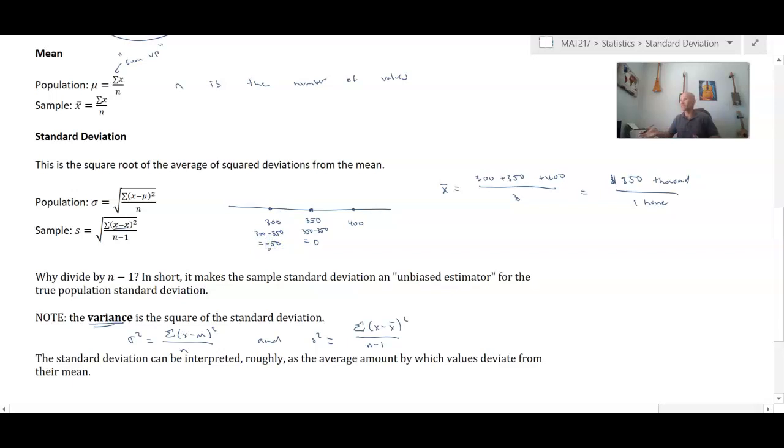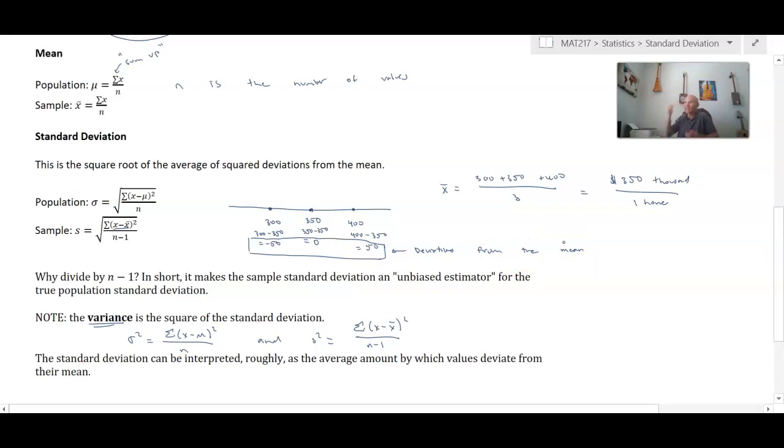Negative 50 because it's $50,000 below the average house price. For 400, we see that that's $50,000 above the average house price, and that's what we would get if we took x minus the mean. That's why it's important to subtract them in this order, because these are what we call the deviations from the mean.